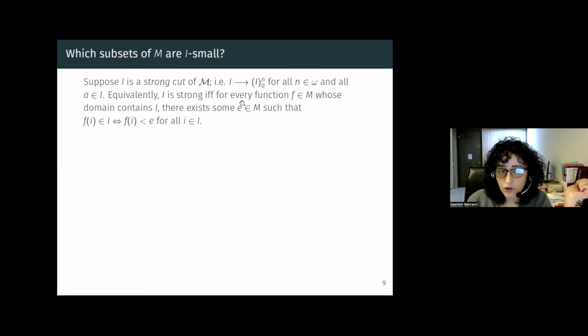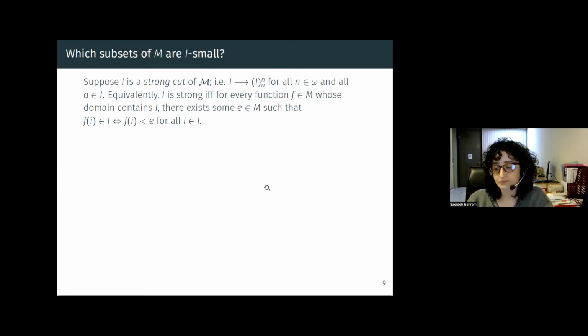But here we work with the equivalent definition, which is more model theoretic and more useful to us. This equivalent definition says that whenever we have a coded function whose domain contains I, there exists some element E in M such that the interval between I and E is void of any of these Fi's, such that i is in I.